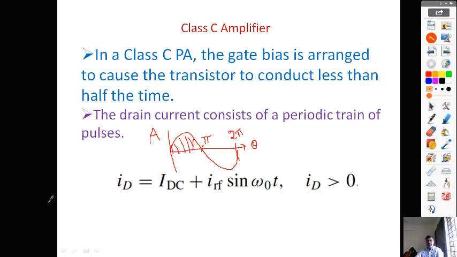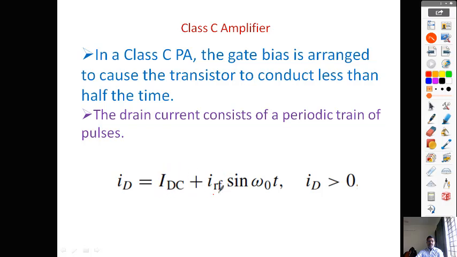The drain current consists of a periodic train of pulses, where the drain current is represented as ID. ID is the RF current plus IDC. IDC is the DC current. Actually, it is the bias current. This current is driven from the VDD supply.